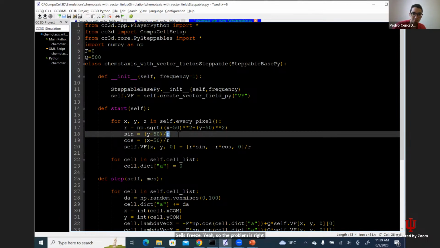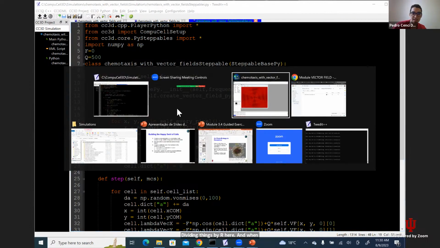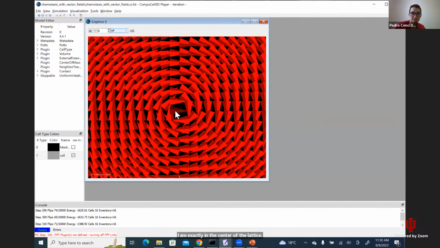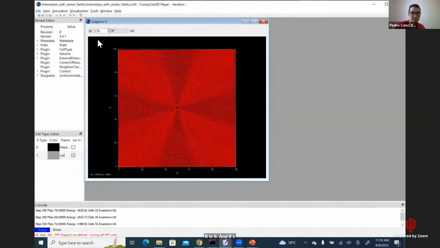I am dividing things by R here. And when R is 0, which means I am exactly in the center of the lattice, and if a cell crosses the center of the lattice, it will freeze, which is what actually happened. So that cell was unlucky, and it crossed exactly in the center of the field.